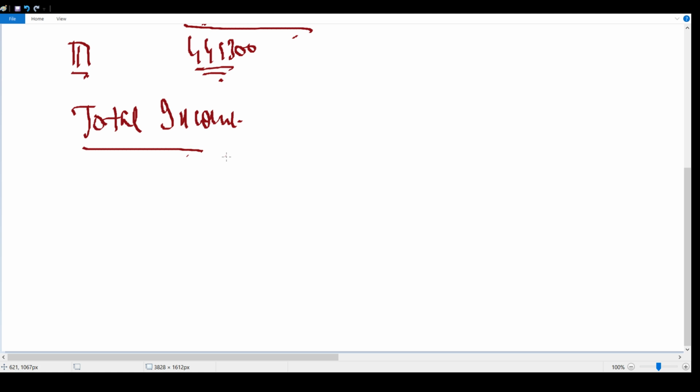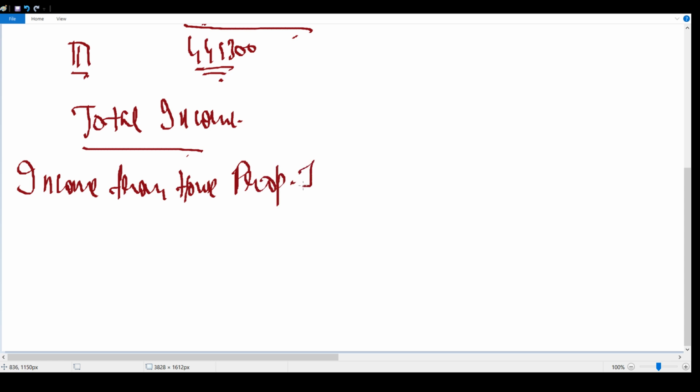Income from house property 1 and 2 is negative 24,583.33.